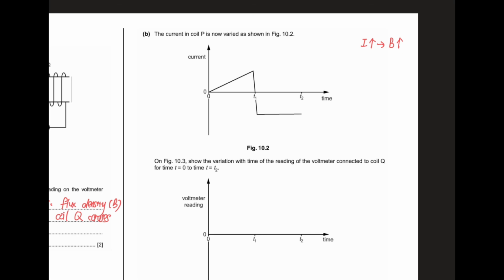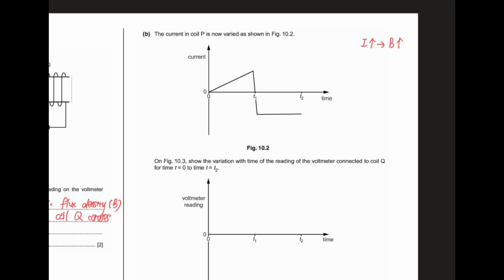Okay, so on figure 10.3, show the variations with time of the reading of the voltmeter connected to coil Q for time t equal to 0 to time t equal to t2.